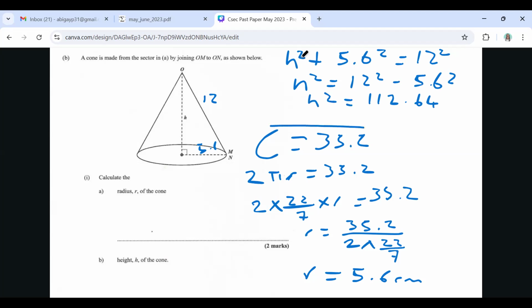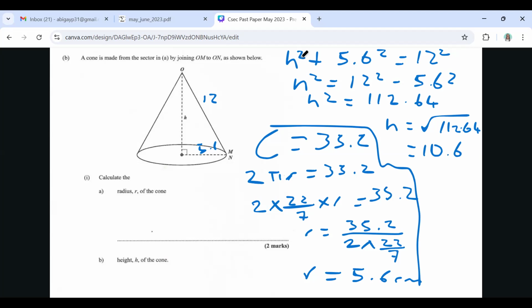We know that h is going to equal the square root of 112.64, which is 10.6.